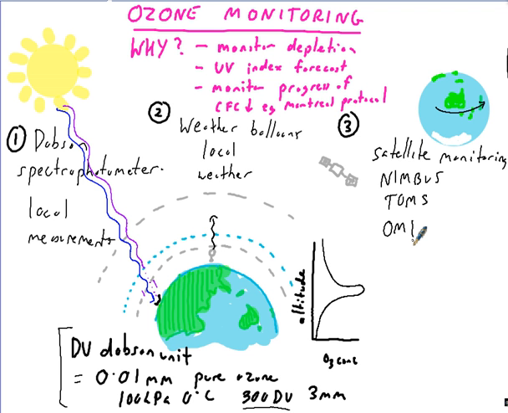But the one that's being used right now, which was launched last year, is something called the OMPS, which is the Ozone Mapper Profiler Suite. And it's carried aboard the Suomi NPP satellite.